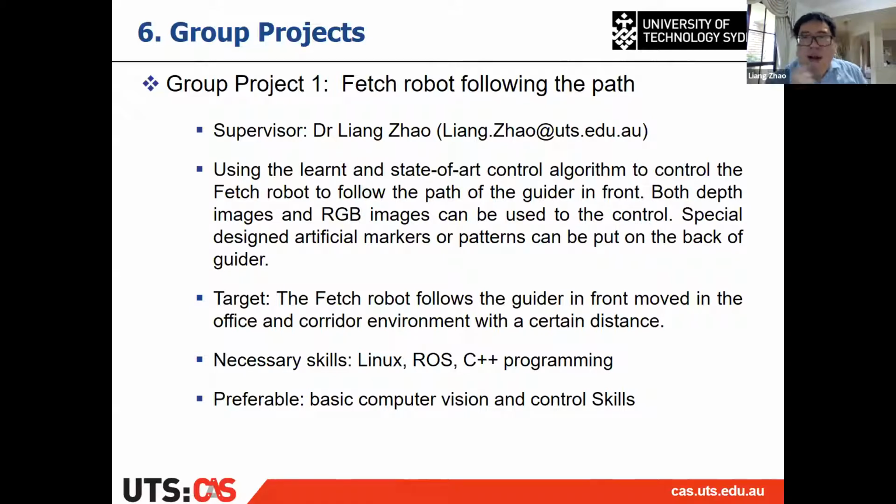You can use only the depth image, you can use only the RGB image, or you can use both. So you can use any of the information you can get from the fetch robot to finish that task. And for the fetch robot, I think you definitely need some skills in Linux, ROS, and C++ programming.